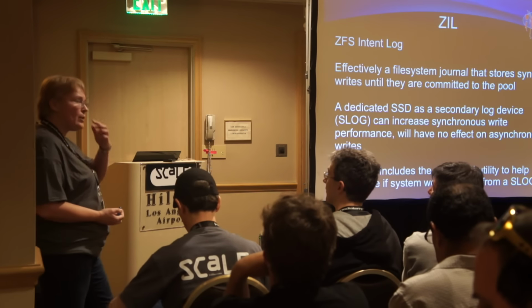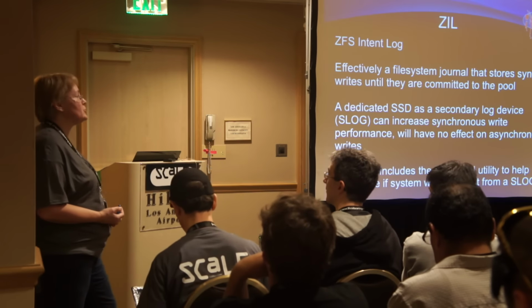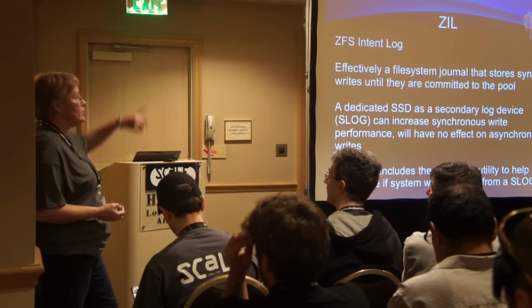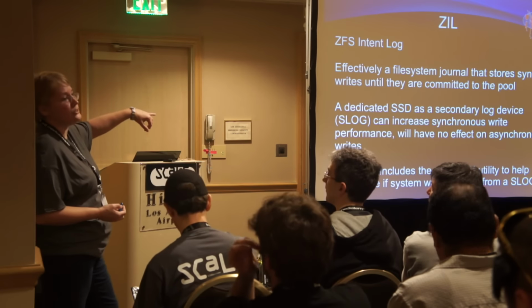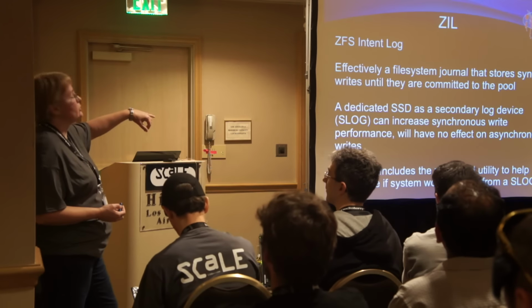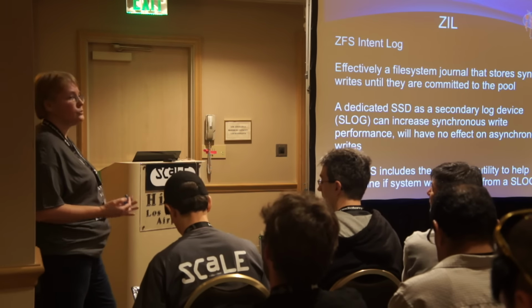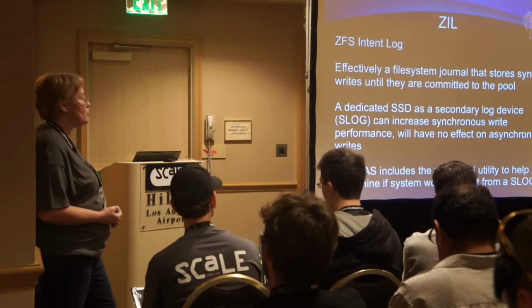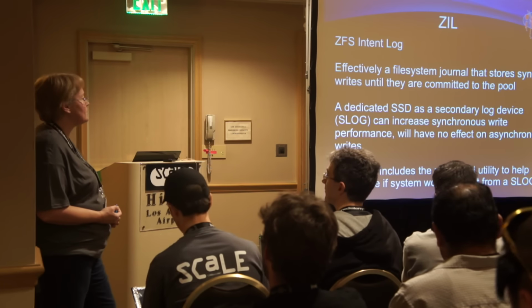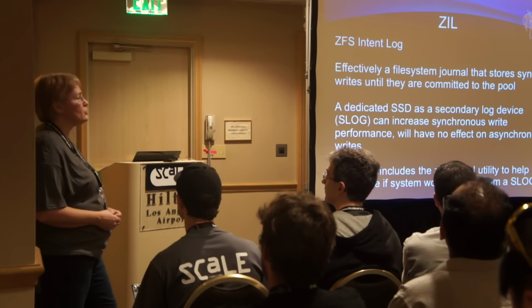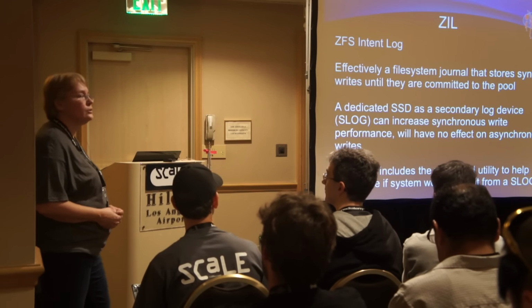Back in the days of ZFS version 15, you had problems if you lost a mirrored ZIL. That was fixed after ZFS version 15. So that was a couple of years ago, so you don't have to worry about that part anymore. But it really depends upon the type of writes that you're doing. Okay. Cool.